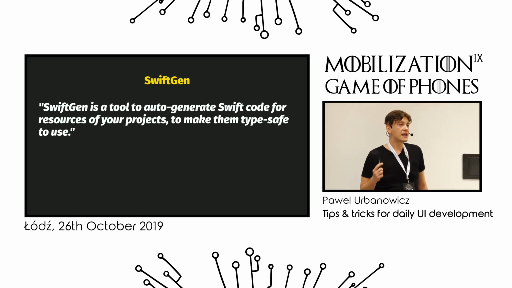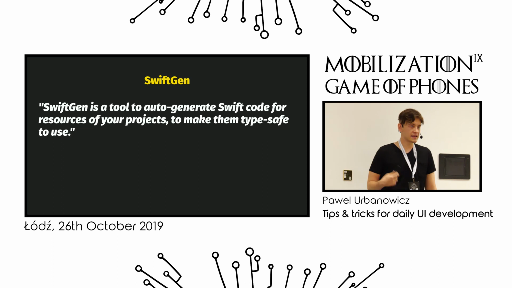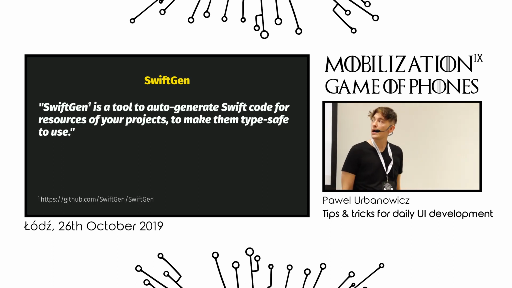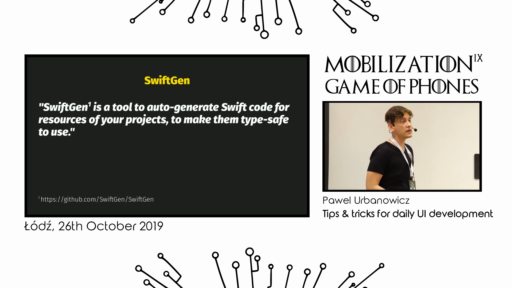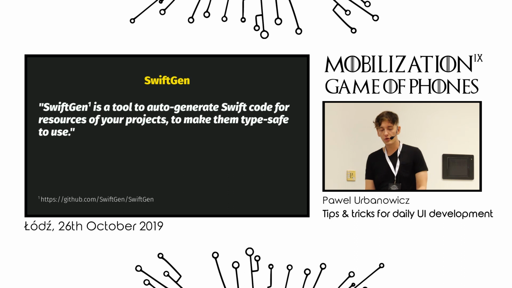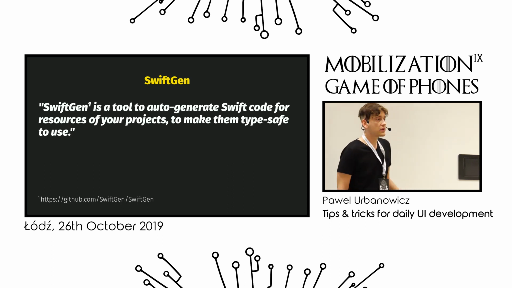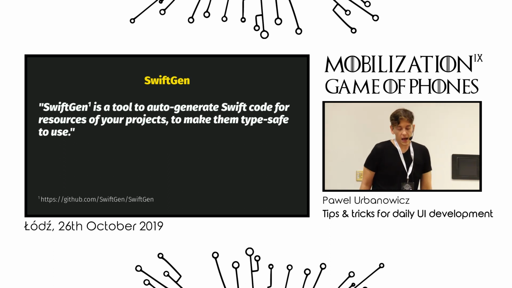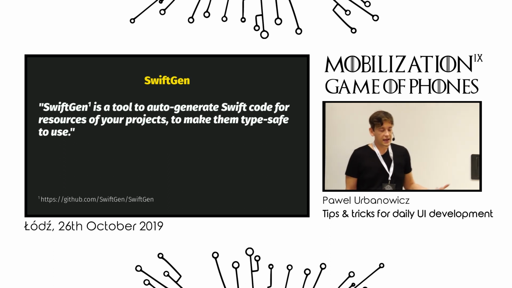So we're getting these nicely strongly typed APIs instead of stringly typed APIs. You can find it on GitHub, so go to the repository, check the documentation, and see how it can be integrated into your project. It's really simple to integrate, so you can install it via Homebrew, CocoaPods, or any other tool, and take advantage of this code generation module.